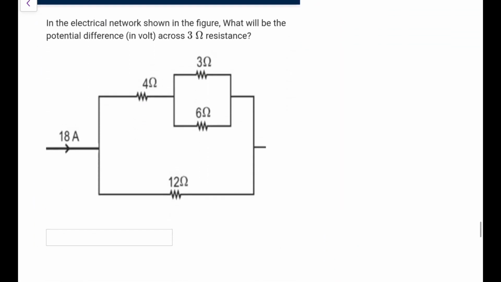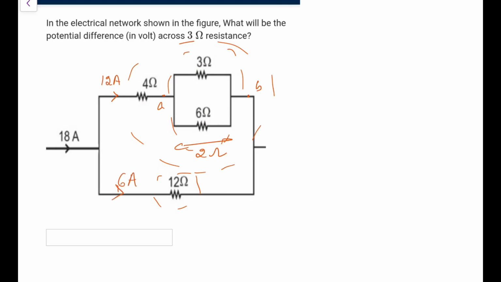In the electrical network shown in the figure, what would be the potential difference across the 3 ohm resistor? Okay, so across 3 ohm means between these 2 points A and B. So between A and B, 6 and 3 becomes 2, 2 and 4 is 6, and this is 12. So the upper branch is 2 and 4, 6, the lower branch is 12. So double current will go there. So 12 ampere will go there, 6 ampere will go there if you divide.